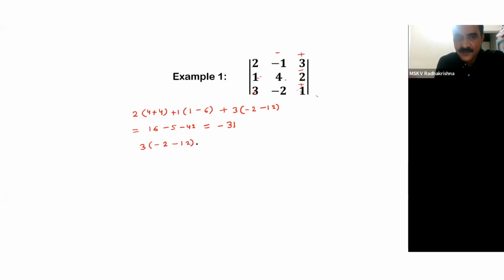For the second element, you have to take minus sign, minus 2 into the subdeterminant formed with these elements. 2 into minus 2, minus 4, minus 3 into minus 1, it becomes plus 3.